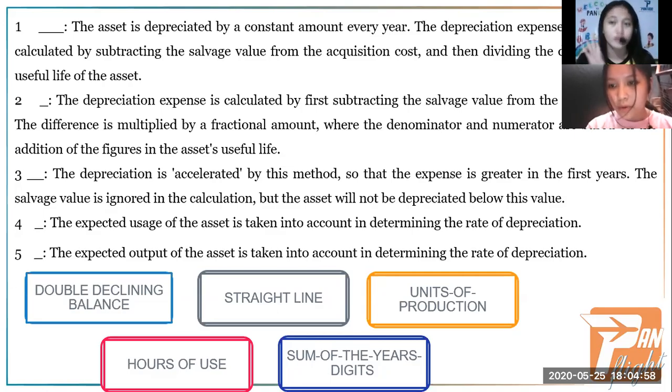And the fourth: the expected usage of the asset is taken into account in determining the rate of depreciation. And the last one: the expected output of the asset is taken into account in determining the rate of depreciation.